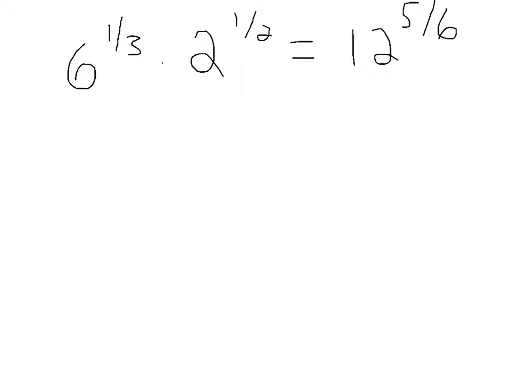What would the general form of this mathematical law look like? Well, we could replace 6 with an x, 1/3 with an a, and then we need to use other variables for 2 and 1/2.